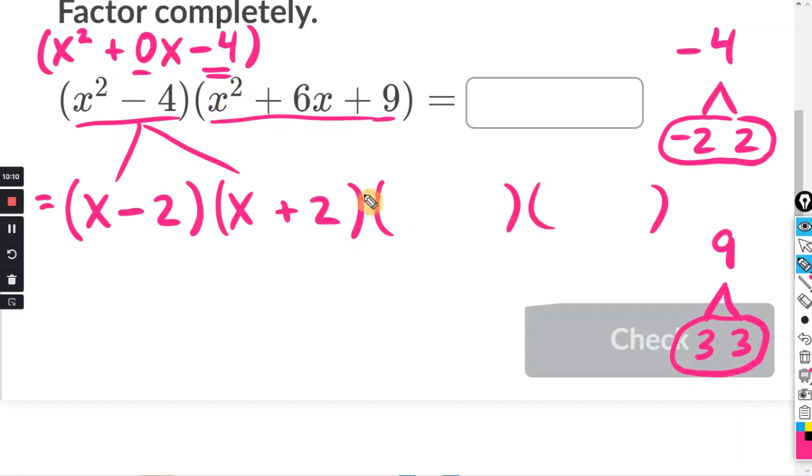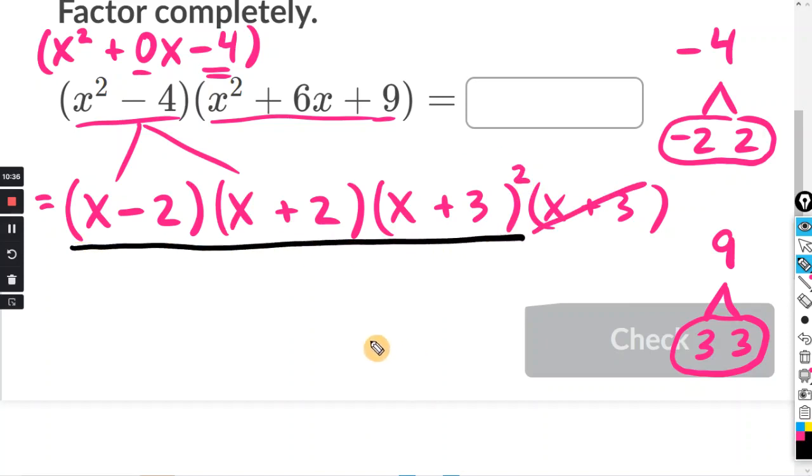In order to get x squared, it's going to be x times x, and 3 and 3 go in the parentheses, plus 3 and plus 3. Now, this is the answer, but you don't need to type this twice. You can just cross one off and make it x plus 3 squared. Okay, so this right here is your answer.